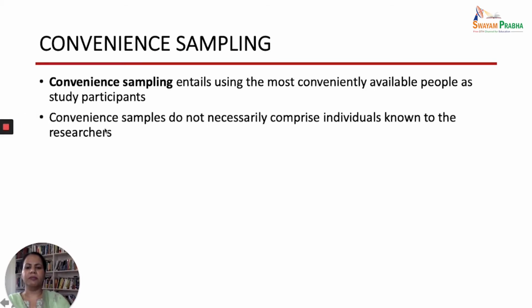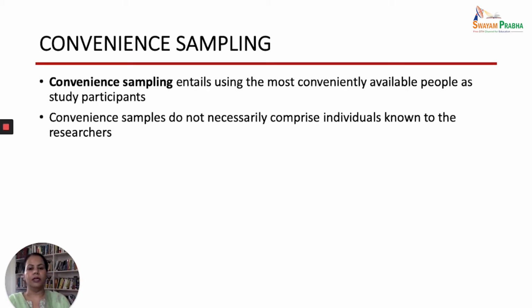And convenience samples do not necessarily comprise individuals known to the researcher. It does not mean that the researcher will include only those people whom he knows. The researcher may stand at the gate of the library, and include every person who enters the library.